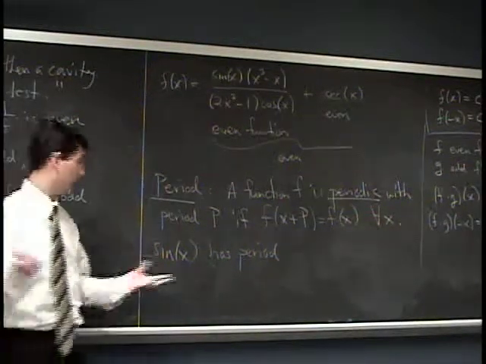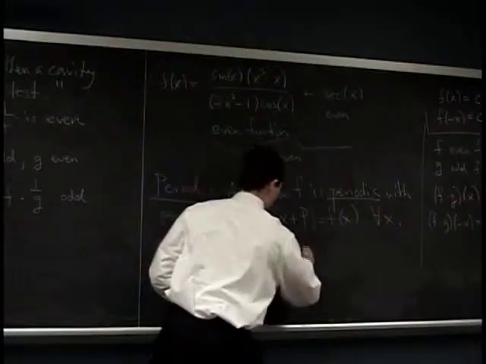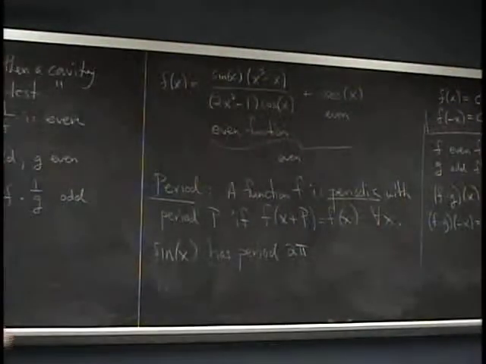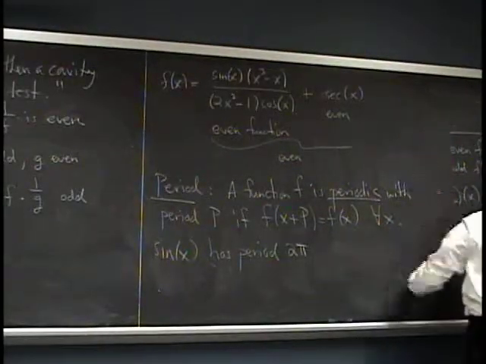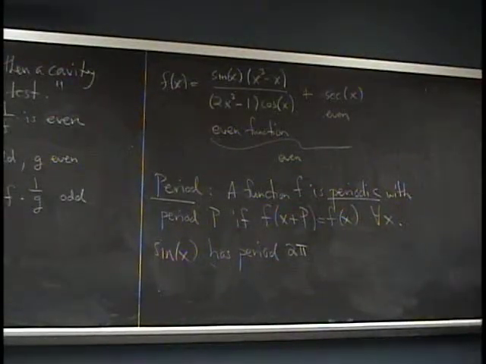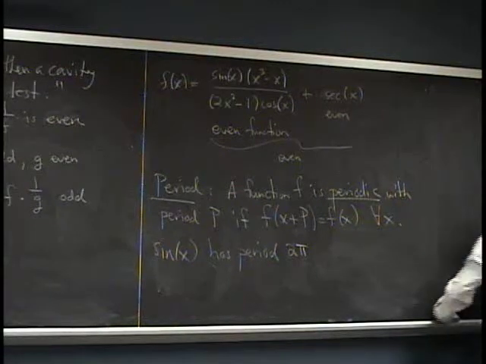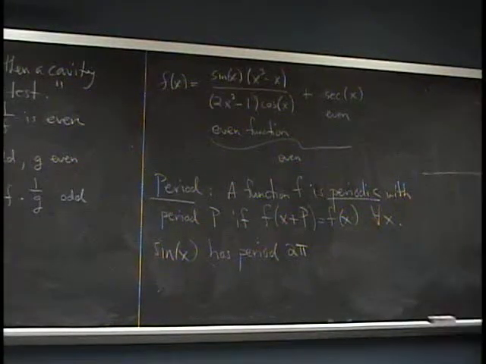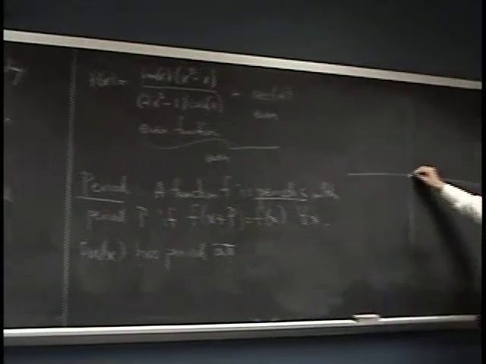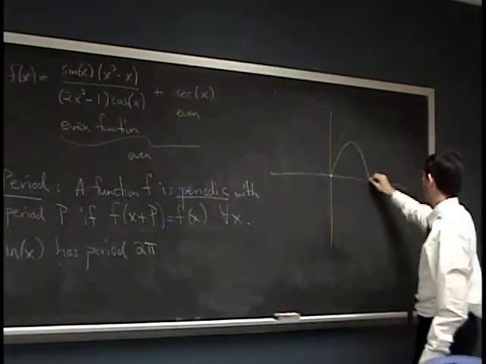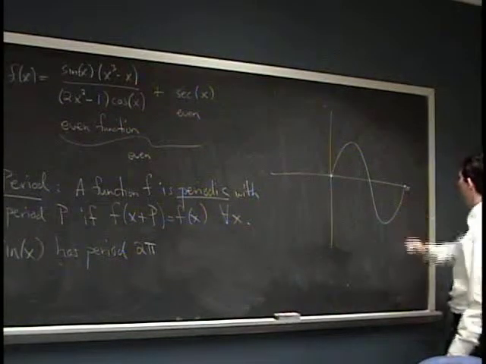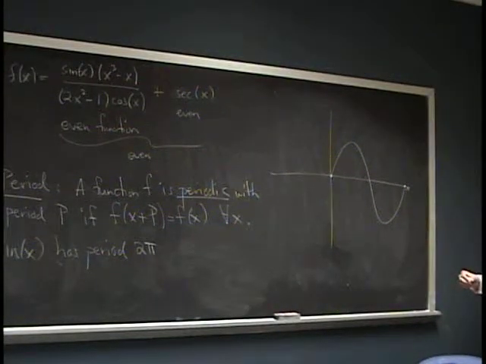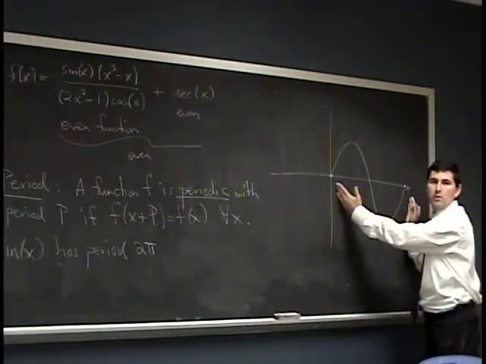2 pi. All right, the period is a number, and it's 2 pi. And if you graph sine of x, you know that you can start here down at 0, and you go up, and you go down, and you go up, and when you get here at 2 pi, you now know that everything about the graph is hidden already between 0 and 2 pi, right?